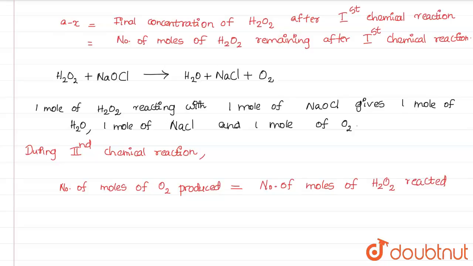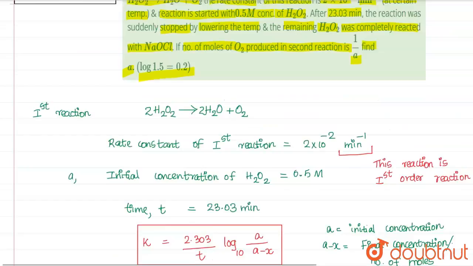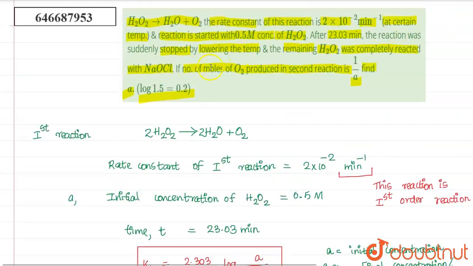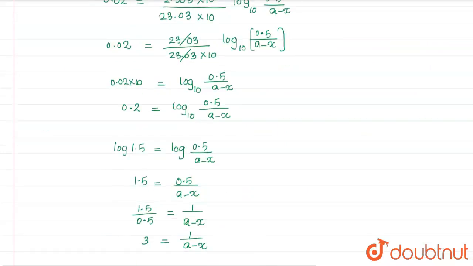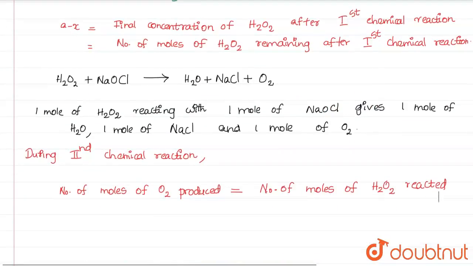Okay, so the question asked is, we have to find the number of moles of oxygen produced. Number of moles of oxygen produced in second reaction is 1 by A, then find A. Okay.